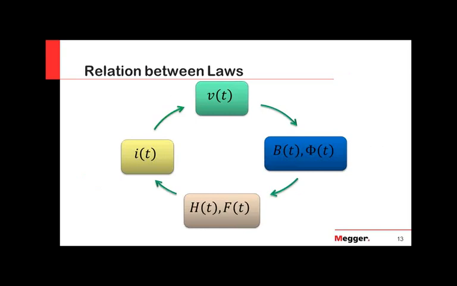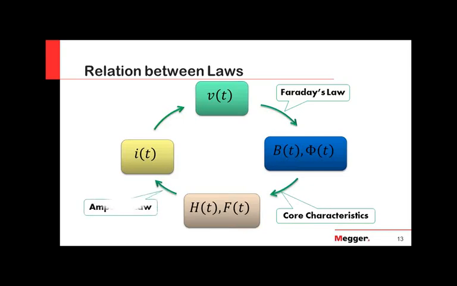Let's put all these laws together and let's try to correlate them. We have an excitation voltage. We look at Faraday's law, and we are correlating this excitation voltage with the flux and the flux density. From here, we're looking at the core characteristics, and we can correlate flux density with the strength of the field and the force.